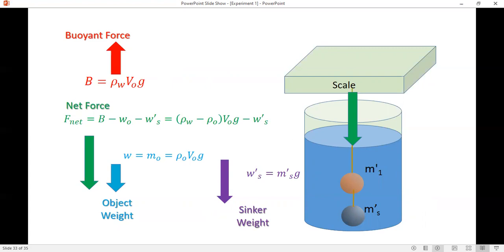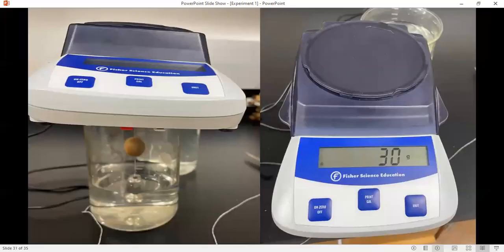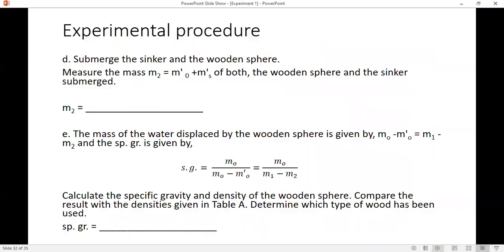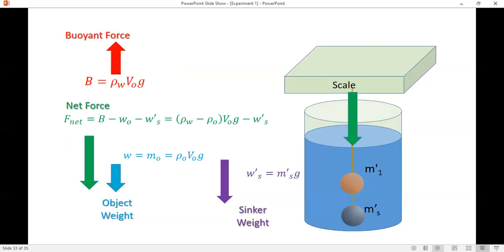So I'm going to take the difference between this situation, where this metal sinker is submerged and the wooden mass isn't submerged, and this one where the metal sinker is submerged again, and now the wooden mass is submerged. So the difference between those two measurements is going to give you the buoyant force.